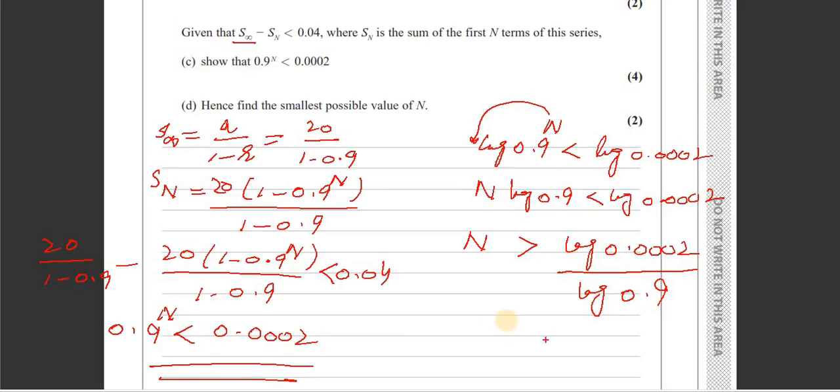When we solve this, n is greater than 80.84, that means n must be 81.